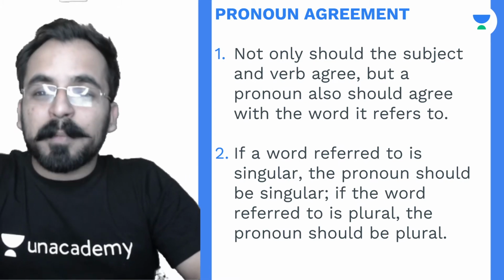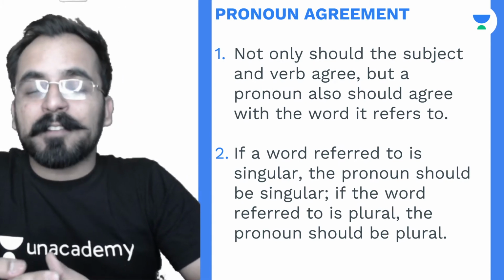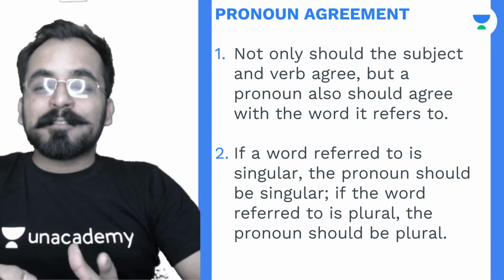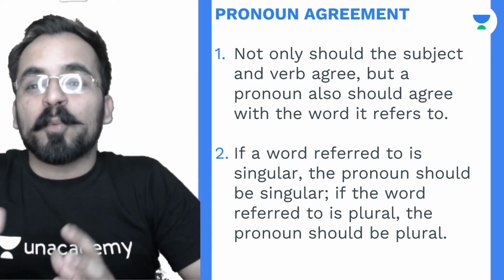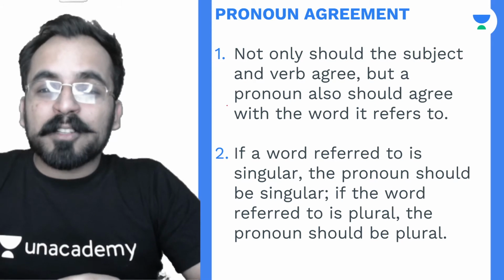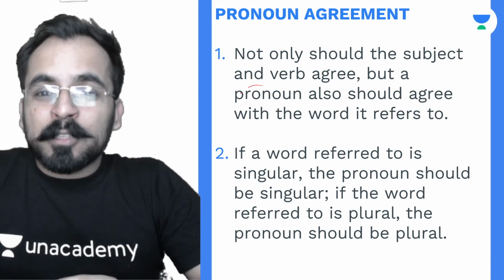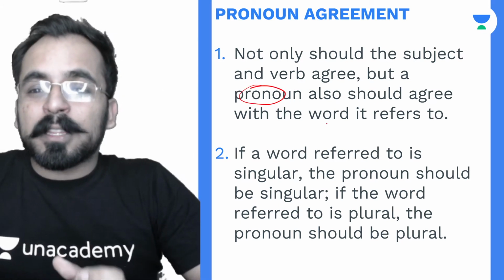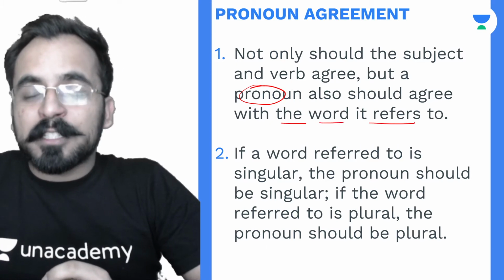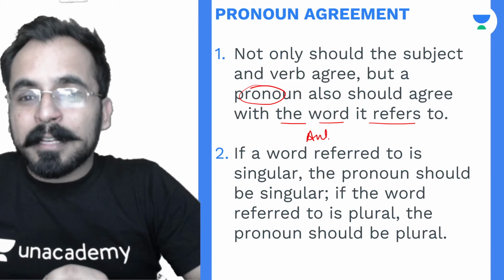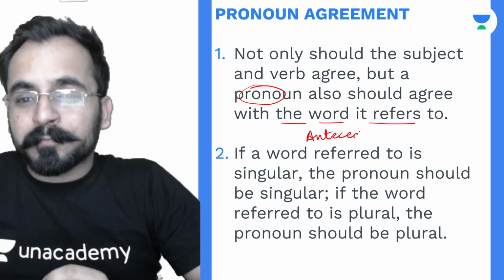Now when you talk about pronoun agreement, you might have heard that we also have subject verb agreement, and it's not the case that only the subject and the verb should agree, but also a pronoun should agree with the word that it refers to, and the word that the pronoun refers to is known as the antecedent.